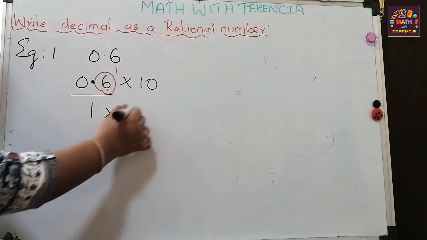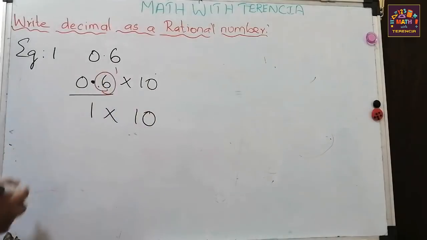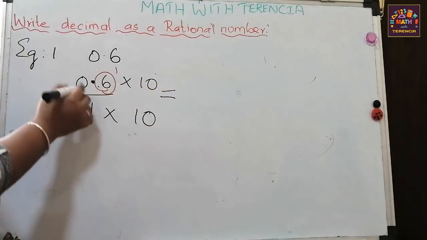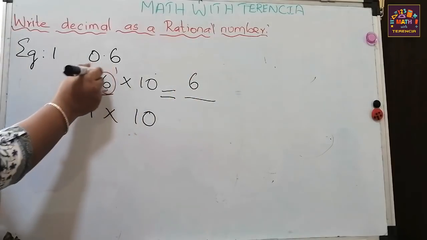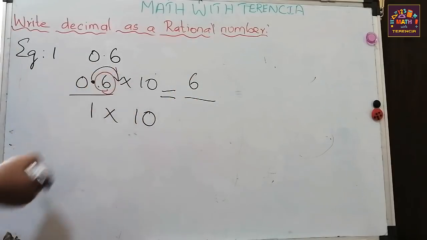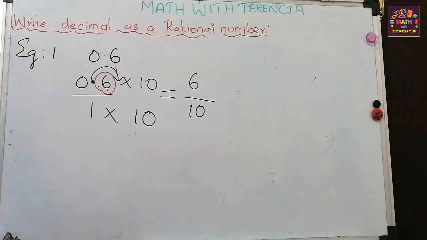If you have 2 digits, you need to multiply by 100. With one decimal digit, we use 10. So now 0.6 times 10 is 6. The decimal point will move one digit to the right. And 1 multiplied by 10 is 10. So the value is 6 by 10.